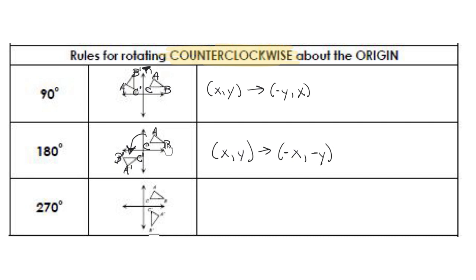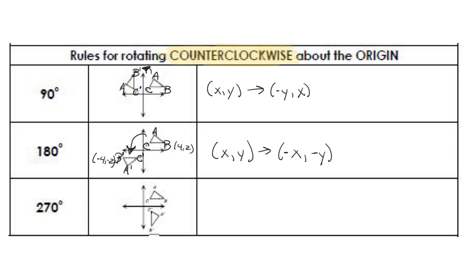So to go from this point where B is, all the way over to this point where B is, the x and the y stay in the same location and just become negative. For example, if B is the point (4, 2), the new B point is going to be (negative 4, negative 2). That is all that happens.